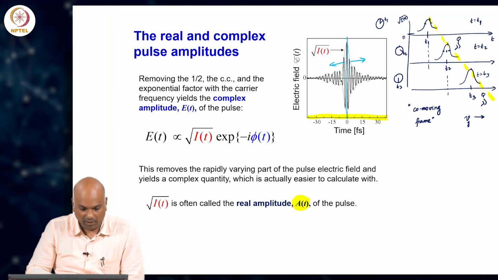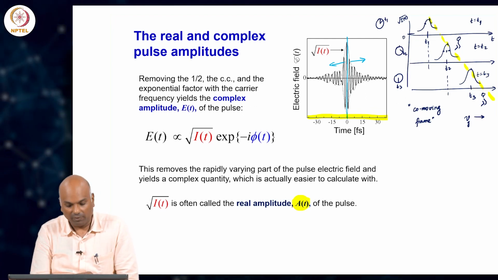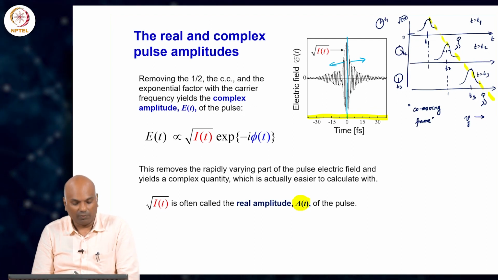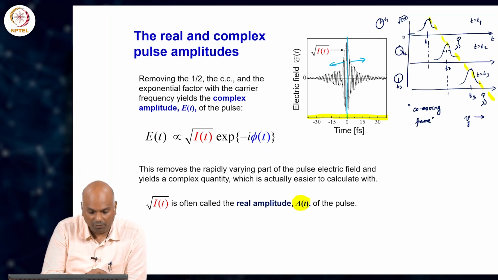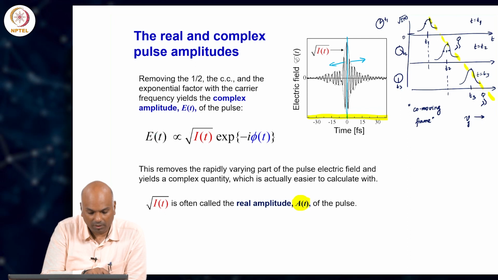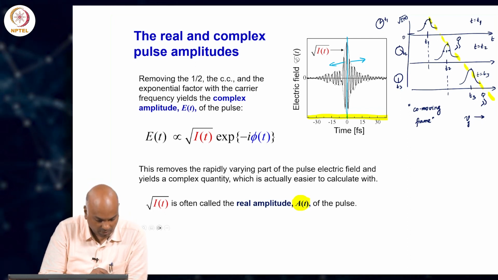Alright. So, we have a real amplitude and we have real light pulses and we have a formal description of the same. Now in this form of writing the electric field here, we have removed two aspects.